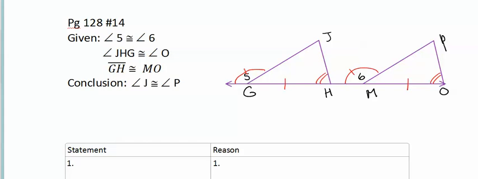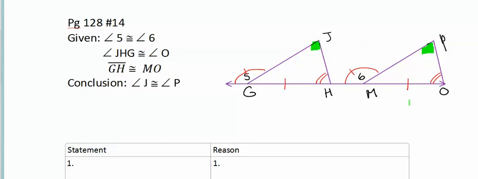What we're trying to conclude is that angle J and angle P will be congruent. Now, since they are in separate triangles, as you can see in the diagram, the best way to do this would be to prove that the triangles are congruent. Therefore, the corresponding parts, which include angle J and angle P, are therefore congruent.